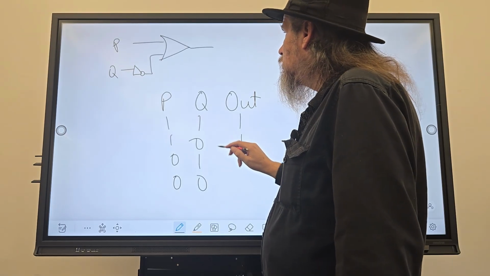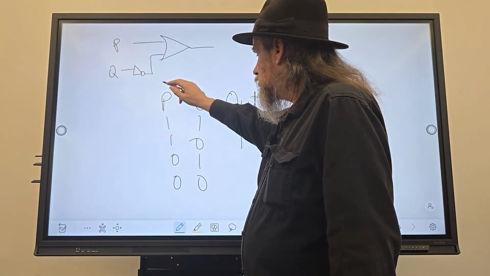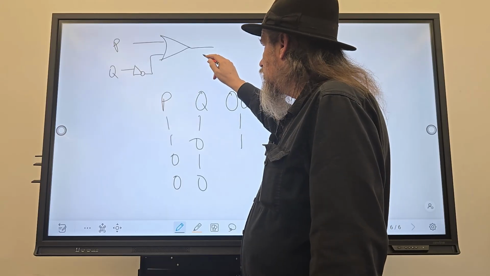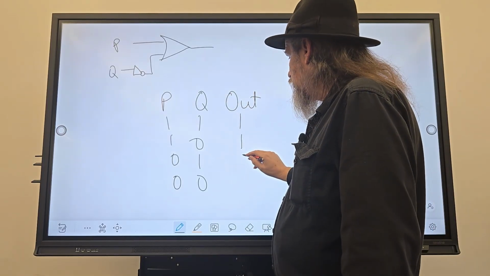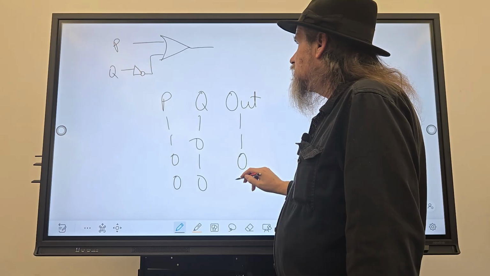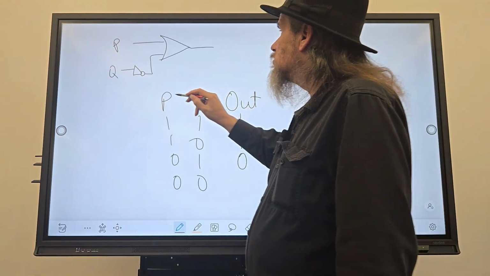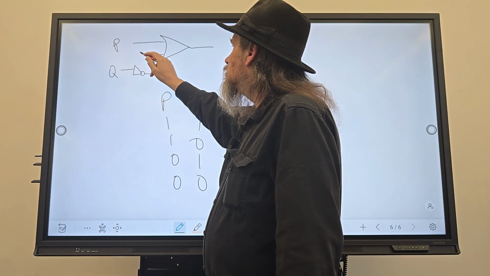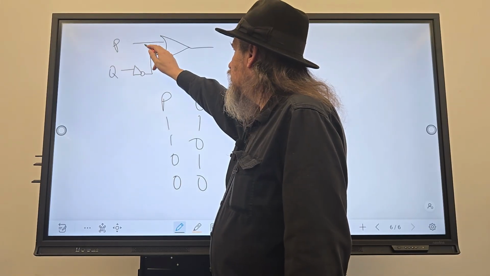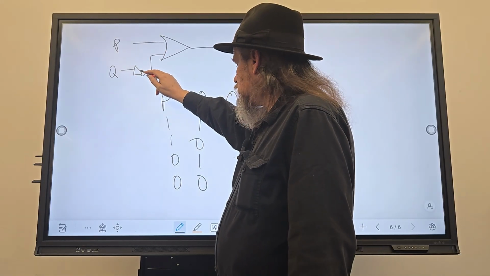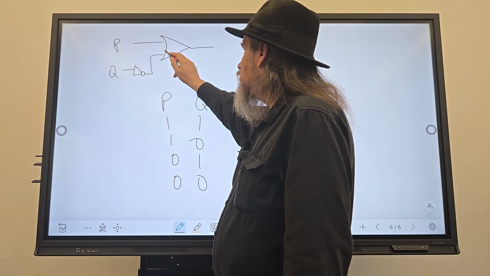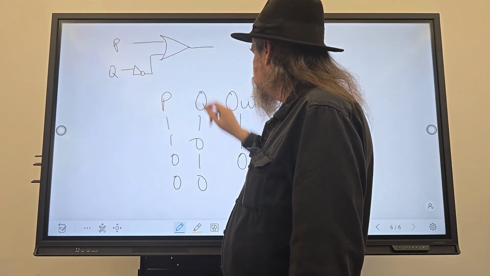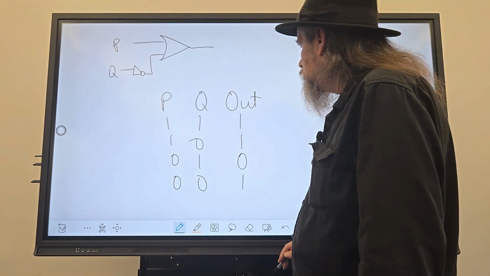And then P or not 1 would be 0, which would be 0. And then 0 and not 0, which is 1, would be 0 or 1, which is a 1.